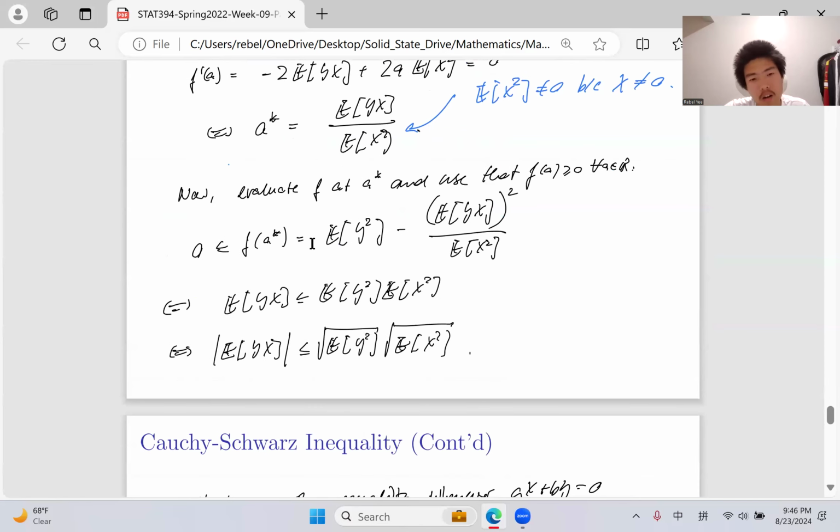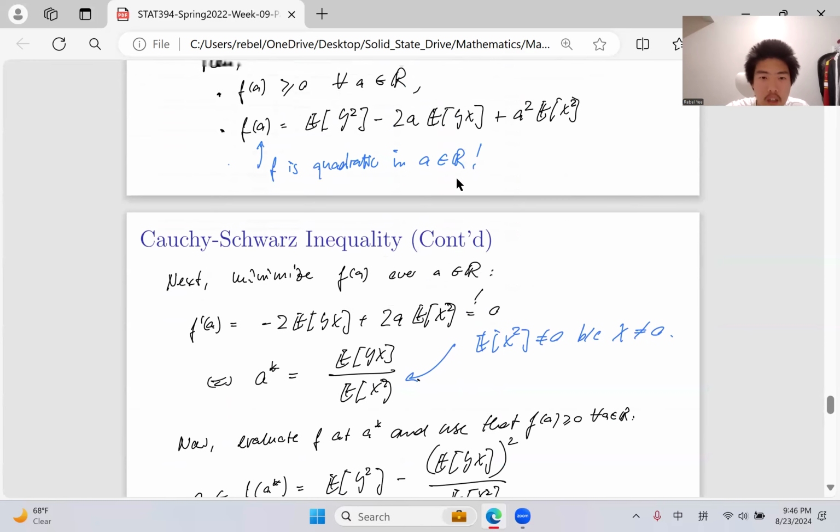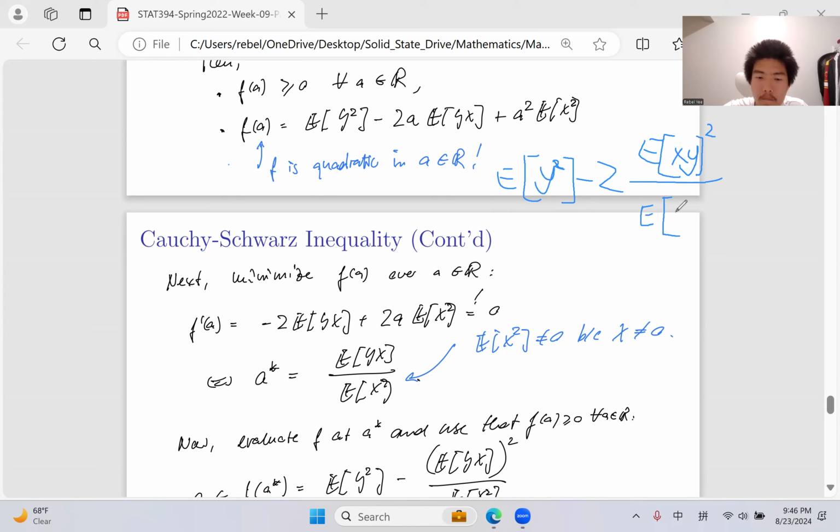And then we plug A star back. E[y squared] doesn't have A, so it keeps the same. So let's write E[y squared]. The first term is minus 2 times, because now A becomes A star, the expected value of xy squared, and the denominator is the expected value of x squared.